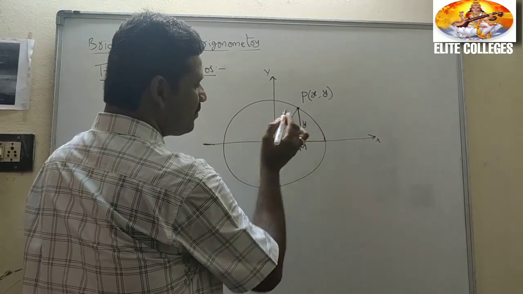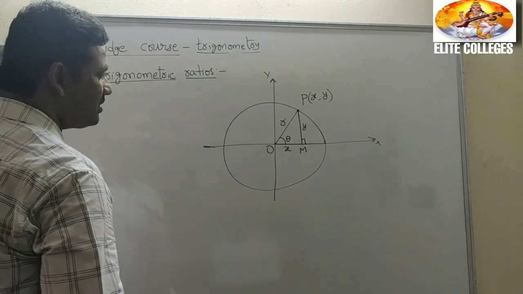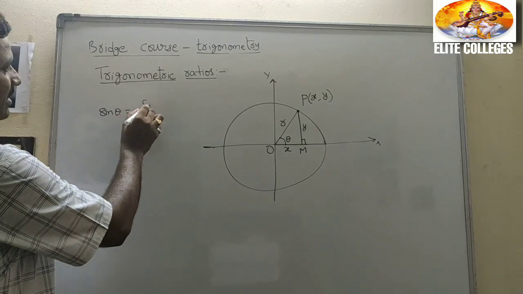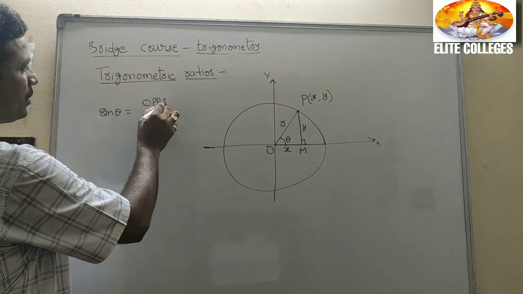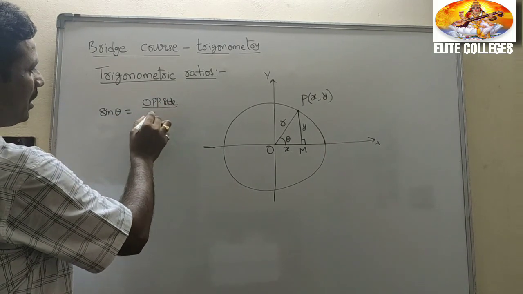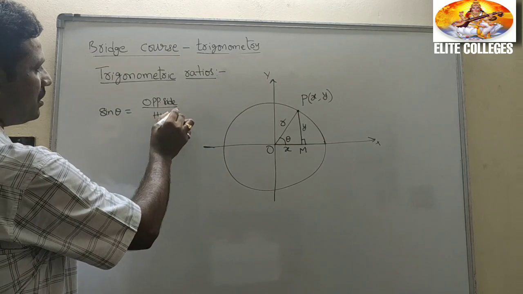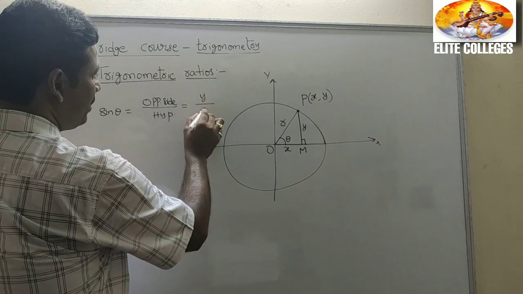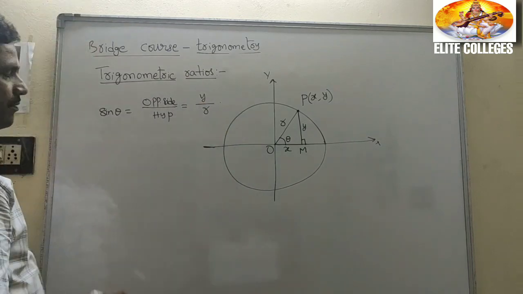This distance is y. Now what is the sin theta? Can you define the sin theta? Sin theta equal to opposite side by hypotenuse. What is the opposite side? Y by hypotenuse r.